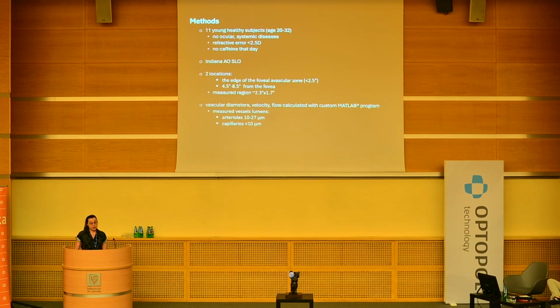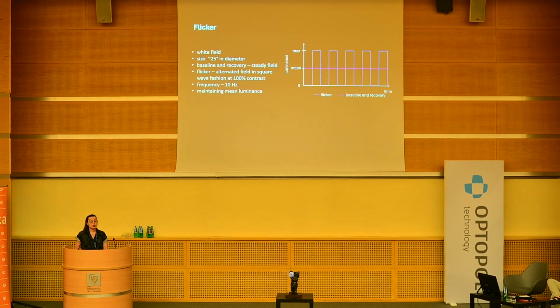For each of them, we gathered videos of two regions, one close to the foveal avascular zone and the other one beyond 4.5 degrees from the fovea. Then we measured their vessel lumen diameter with a custom-built MATLAB program and divided them by size into capillaries, smaller or equal to 10 microns, and bigger, which would be arterioles.